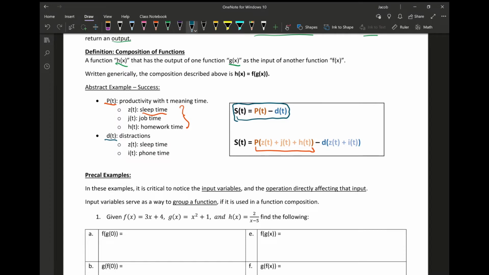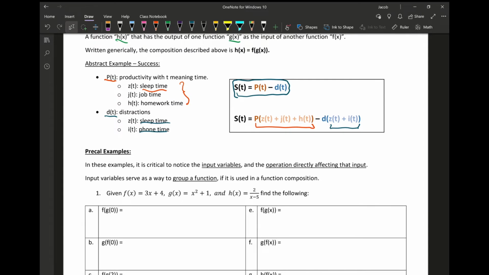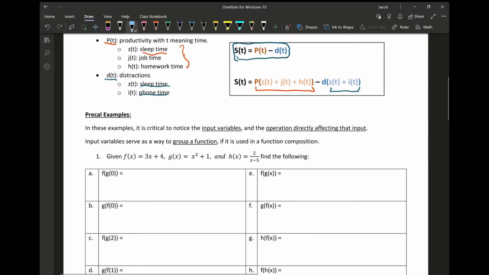You've got maybe too much sleep time and maybe too much phone time that contribute to your distractions, and together, as we've learned with combination of functions, they contribute to your success. So we can talk about different examples that are more engineering based, but I wanted to provide an abstract example here.